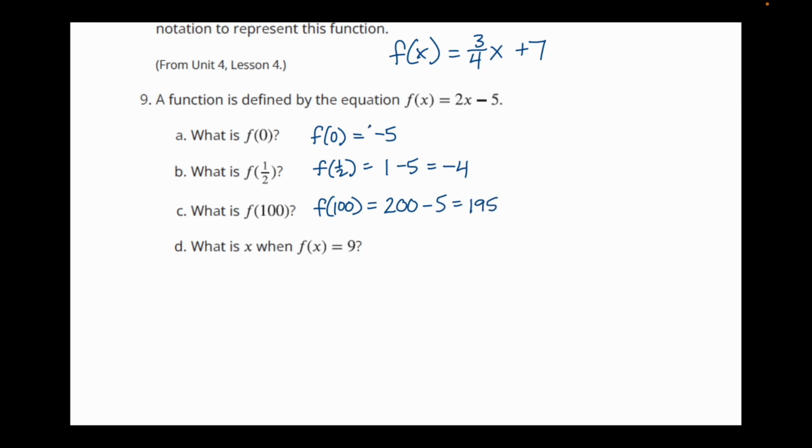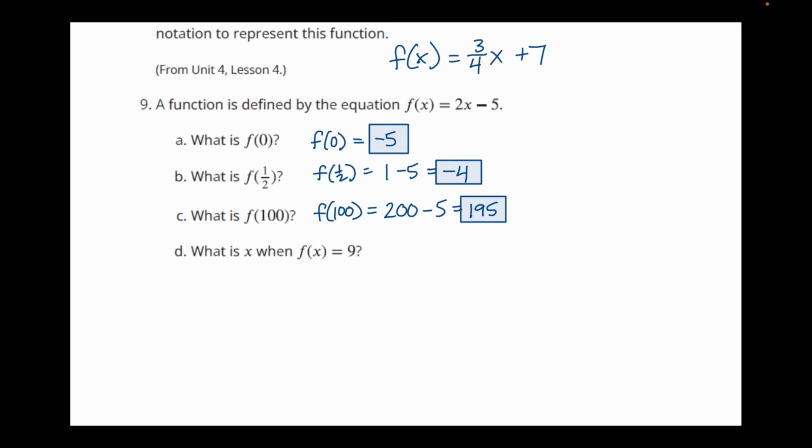195. So here, actually, I'm going to put boxes around each of the values that are my answers, since I'm kind of showing my work horizontally here. And then the last one is, what is the x value when f of x equals 9? So in order to do this, we are going to say 9 equals 2x minus 5, and I'm going to solve this by doing my work downwards here.